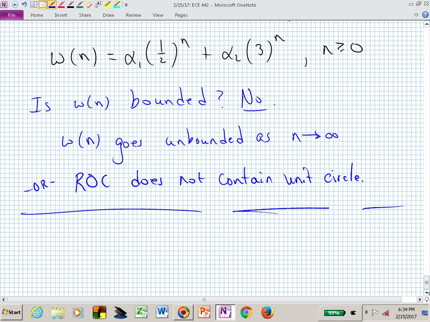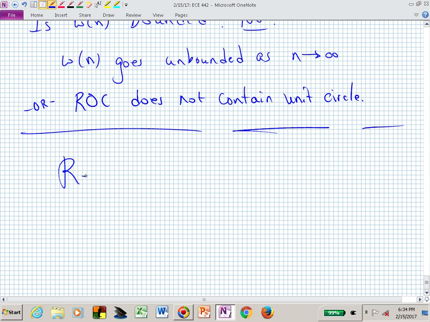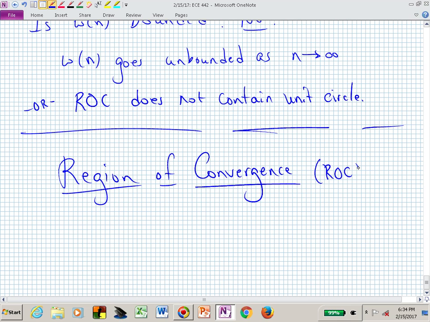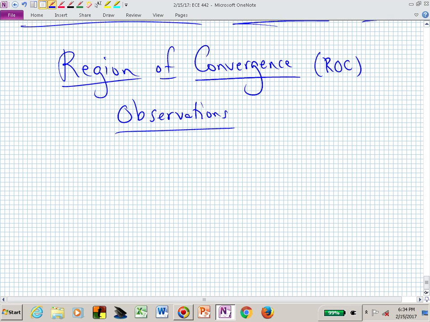So let's look at some observations relative to the region of convergence. Maybe I should try to sketch this a little bit better.